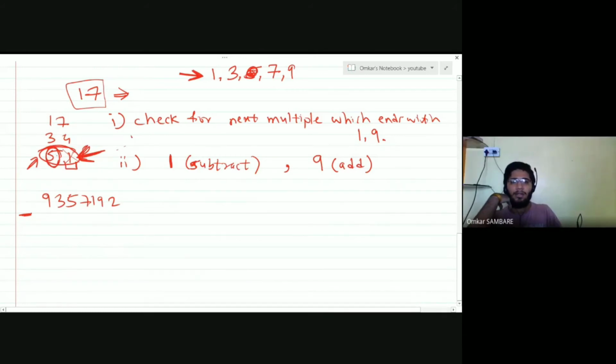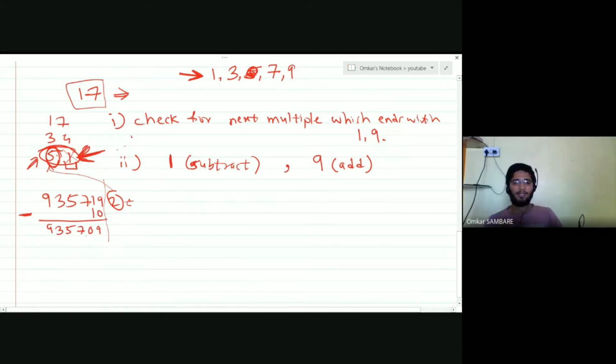So 5 times the last digit, that we will do, and we will subtract it from the remaining number. Take the last digit, multiply it with this number, then subtract it from the remaining number. So here 2 into 5 is 10. So after subtraction we will get the result something like this.